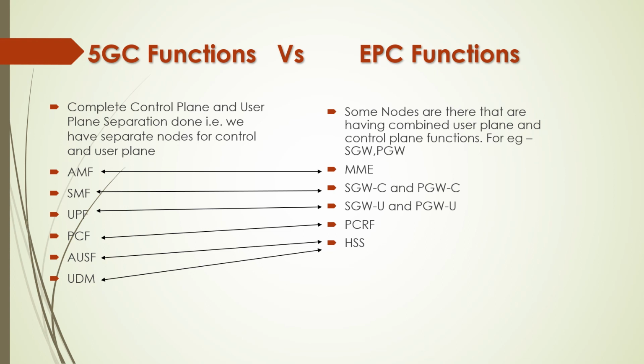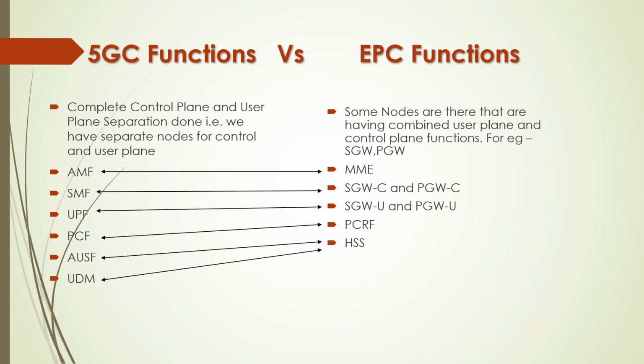But in EPC, we used to have nodes which served both functionalities, doing user plane functions and control plane functions. Examples of these nodes are the S gateway and P gateway. They used to perform both control plane and user plane functions in the EPC. But in 5G, we don't have a node performing both functions. So we have separate nodes for control and user plane.